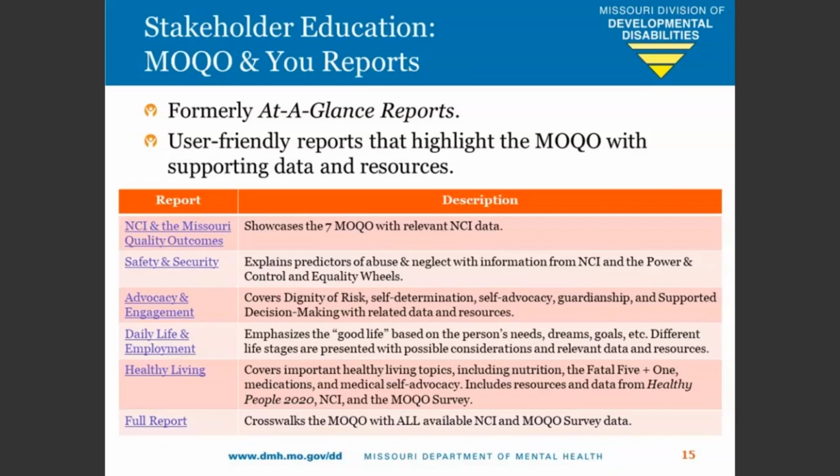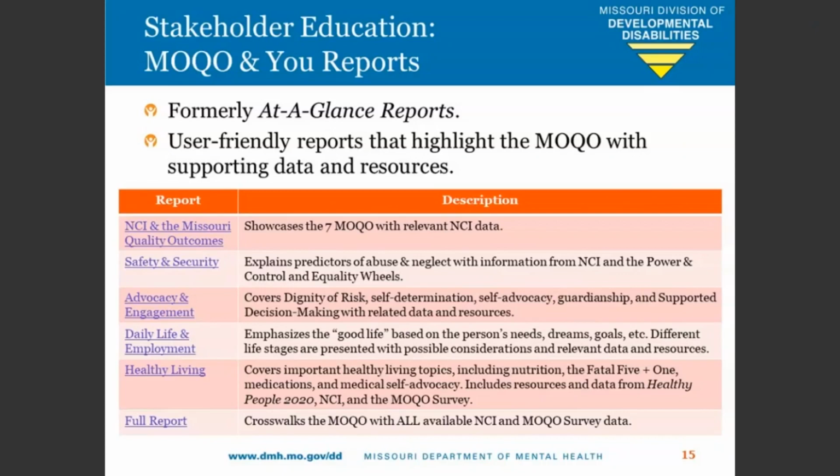We then have the safety and security report. This one really looks at abuse and neglect and what the predictors of abuse and neglect are.